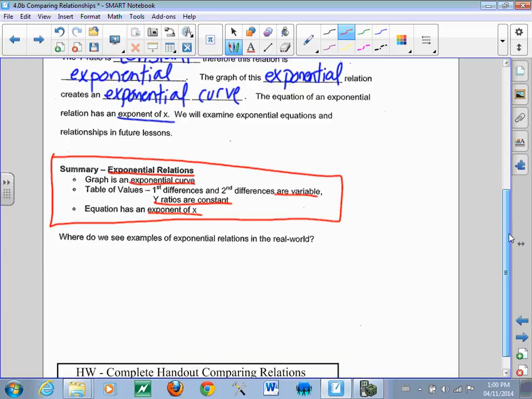Where in life do we see exponentials in the real world? Well, we have it in population growth or decay. We have it in investments. So either you're borrowing or investing money. Investments is where you're putting money in and interest is getting earned.